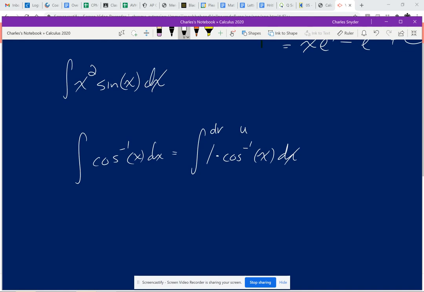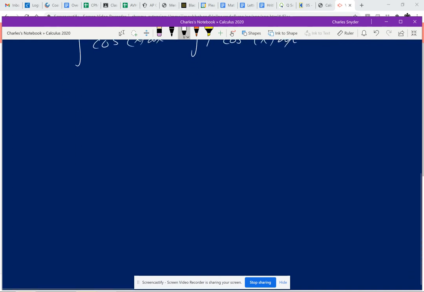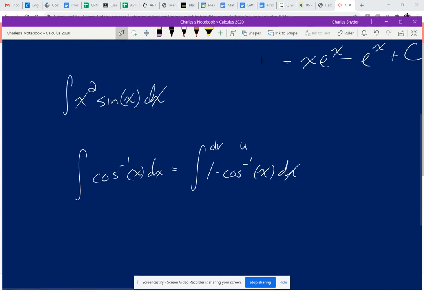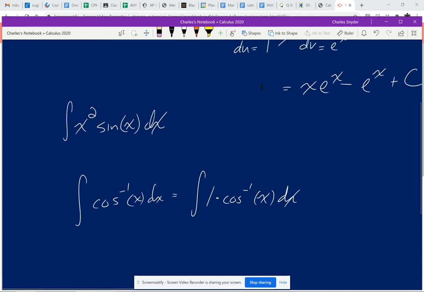It's unlikely to happen with the AP test, but it could happen. That's a trick that you should know. Generally, this one defies the general rule of which one should you choose for u and which one should you choose for v.